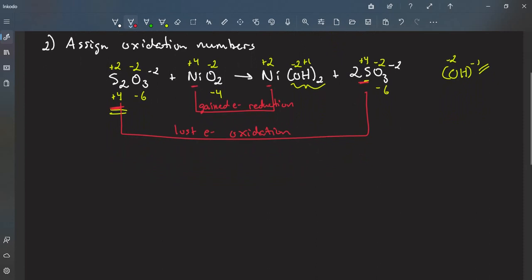Okay, now for our third step, let's separate these half reactions, and I'm just going to number them 1 and 2. Again, this is where simple mistakes can happen. You forget to write a charge, so just be aware. Our second half reaction is going to be here.